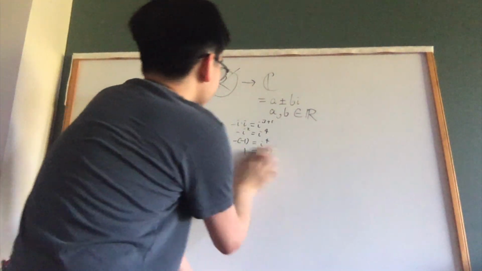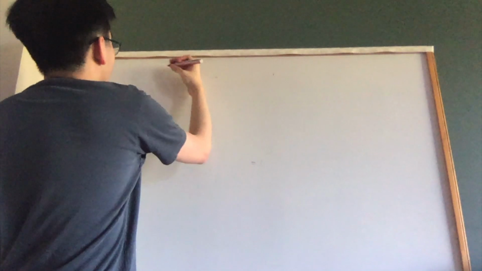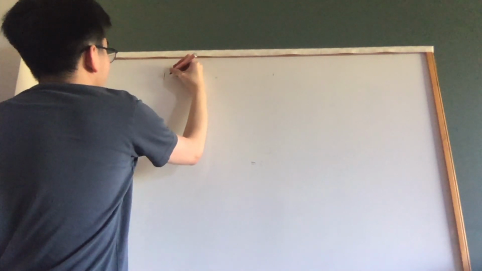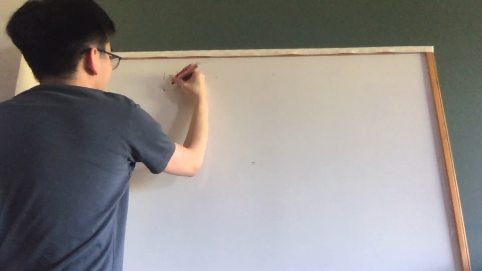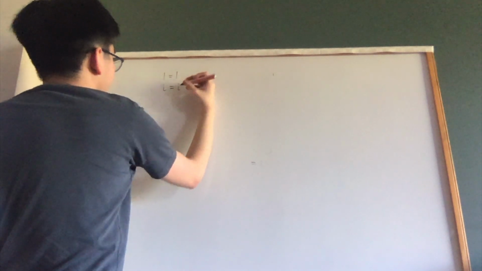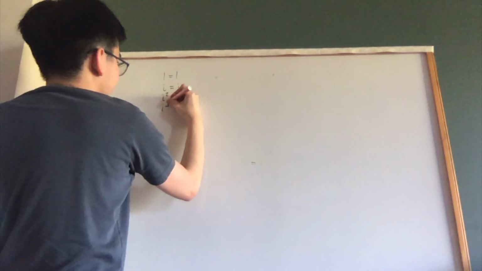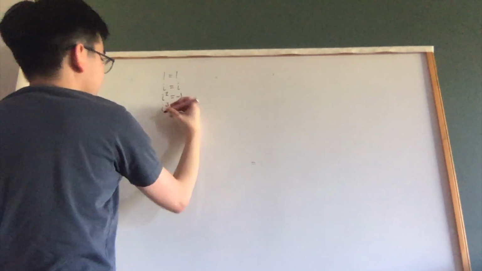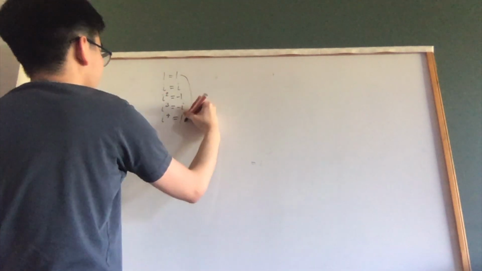Now remember, let me write this out. We have 1 equals 1. We have i equals i. We have i squared equals -1. We have i cubed equals -i. And we have i to the 4 equals 1 again. It goes back to the same thing.